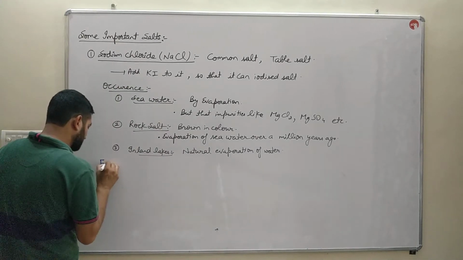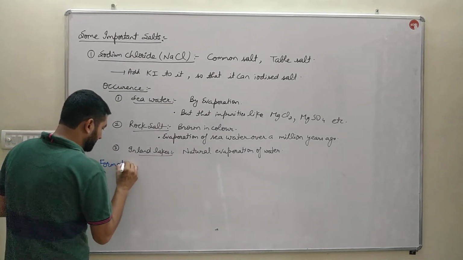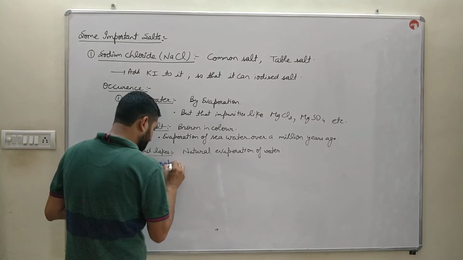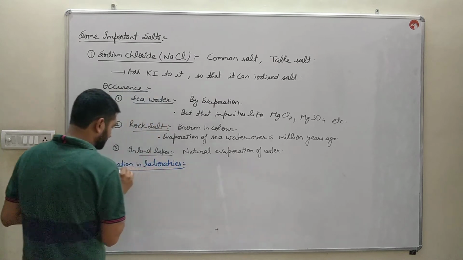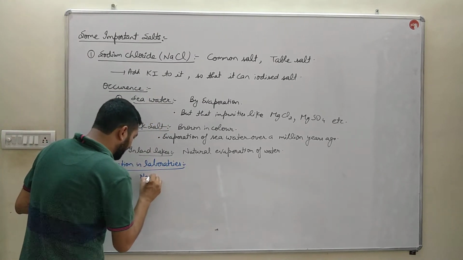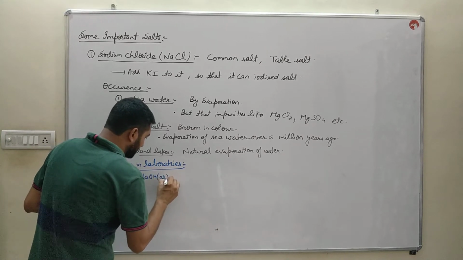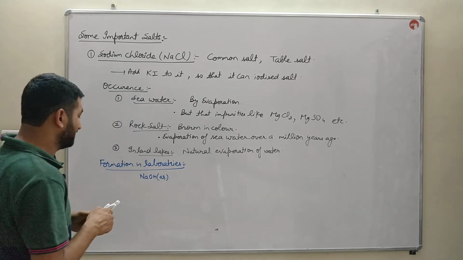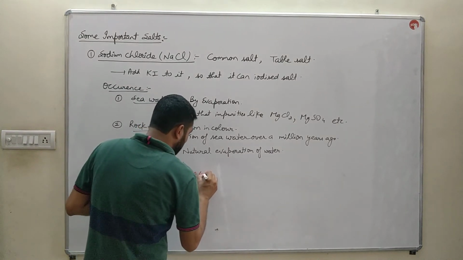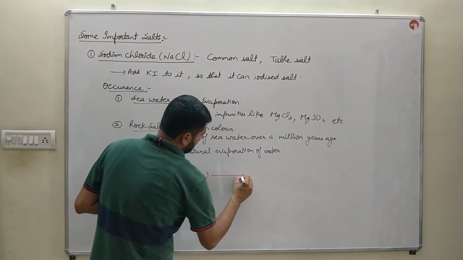Next, formation in laboratories. In laboratories, sodium chloride is formed by the reaction between sodium hydroxide, that is the base, and HCl, that is hydrochloric acid.